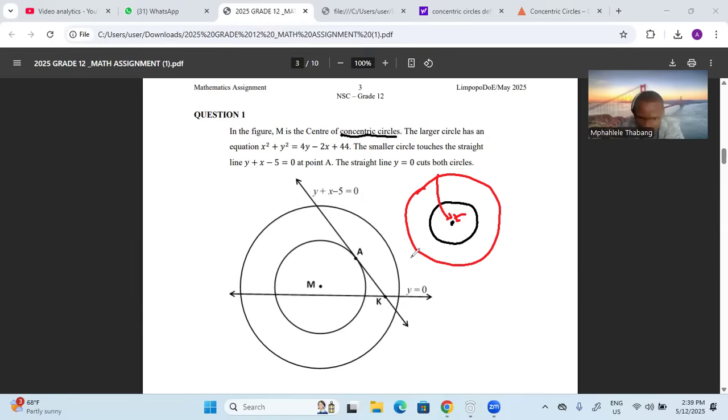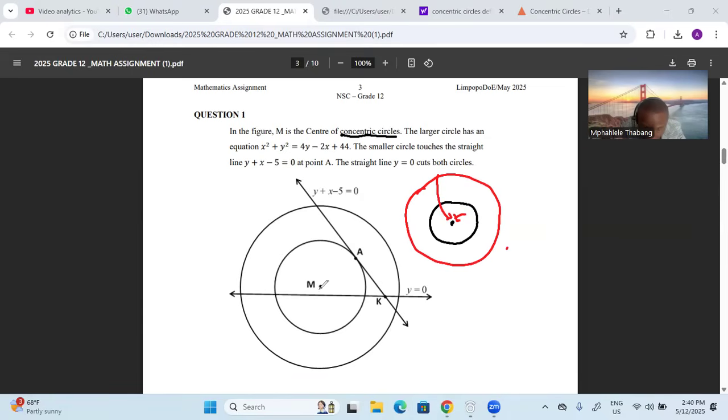So when we look at your assignment here, we see that we have a small circle. The question is, what is the center of the small circle? The center of the small circle is M. What is the center of the bigger circle?